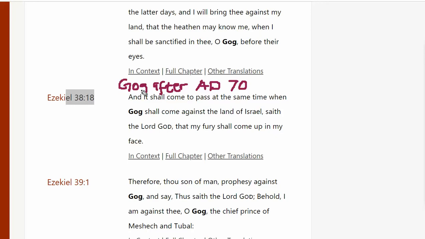So after AD 70 going towards now, today we are in 2022, we should say. This hasn't happened. We haven't experienced it. We have the heathen. So the heathen, let's put a divided line here. So that's the heathen there.